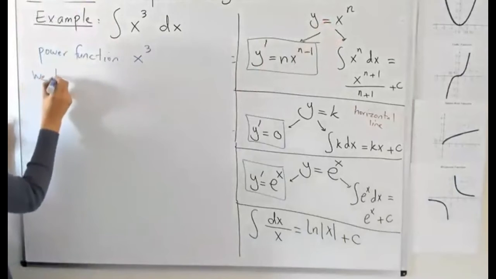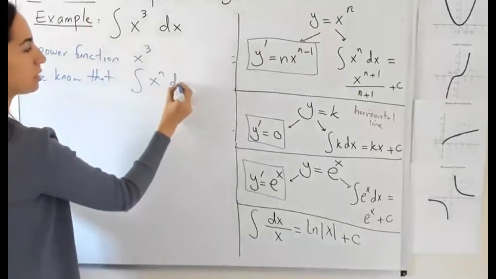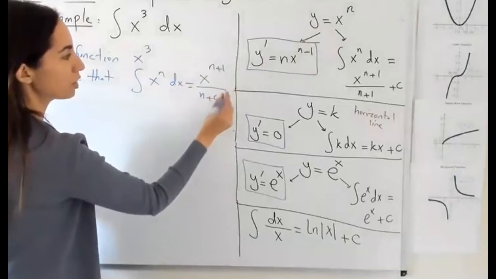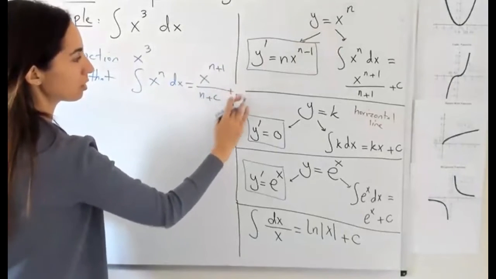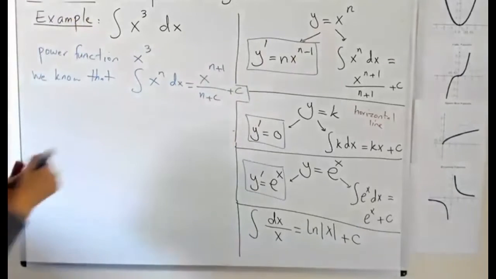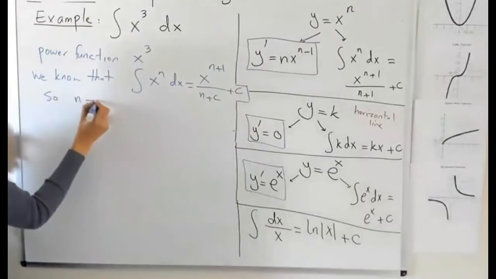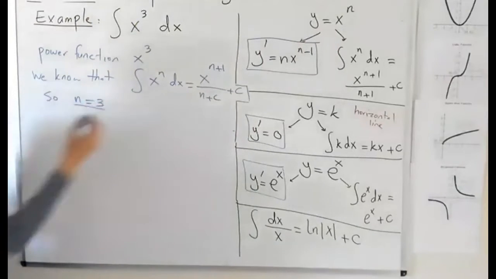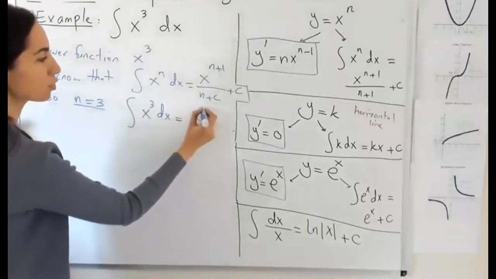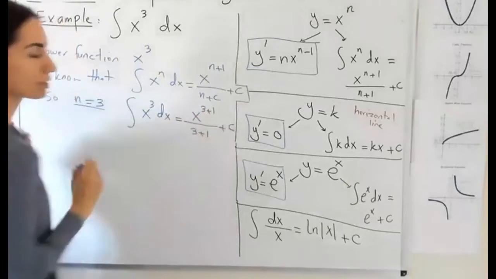We know that the integral of x to the n dx is x raised to n plus 1 divided by n plus 1 plus constant of integration. So x to the third, it means that n is equal to 3. Therefore, the integral of x to the third dx is x raised to 3 plus 1 over 3 plus 1 plus constant of integration.